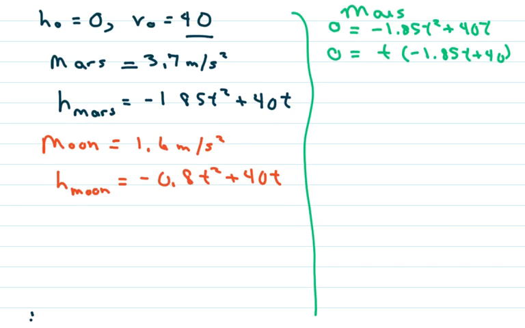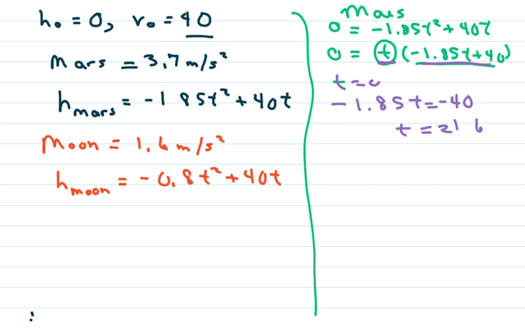So when this t is 0, we have t equals 0. Now we set this to 0: negative 1.85t plus 40 equals 0, so negative 1.85t equals negative 40. So t equals 21.62. Okay, that's for Mars.